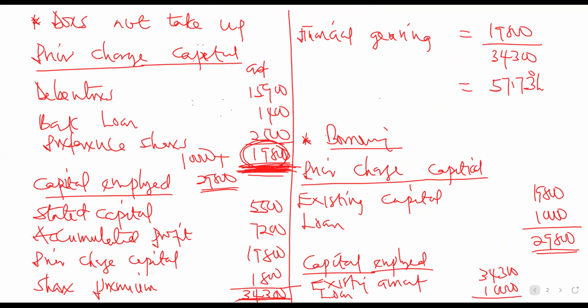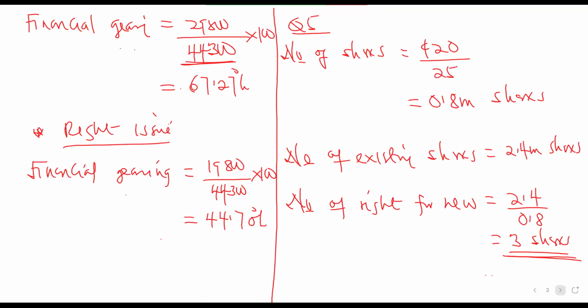If the rights issue of 10 million is coming in, we add the 10,000 to this figure as new capital. The existing debt will not be increasing because we are getting the 10 million from the equity shareholders. So we now have 44,300. Then we find our gearing, and we'll have 44.70 as the gearing for the rights issue. Then you pick the one that is giving the lowest percentage.